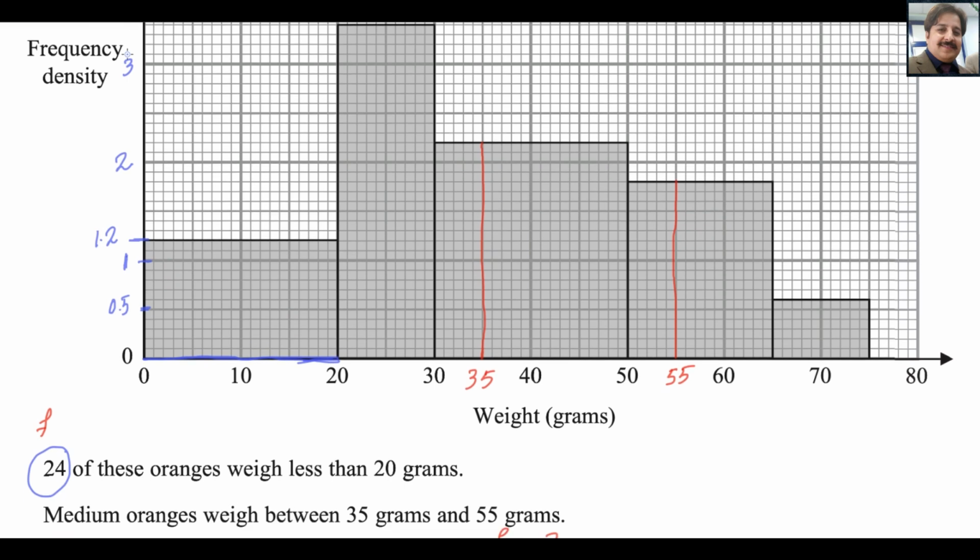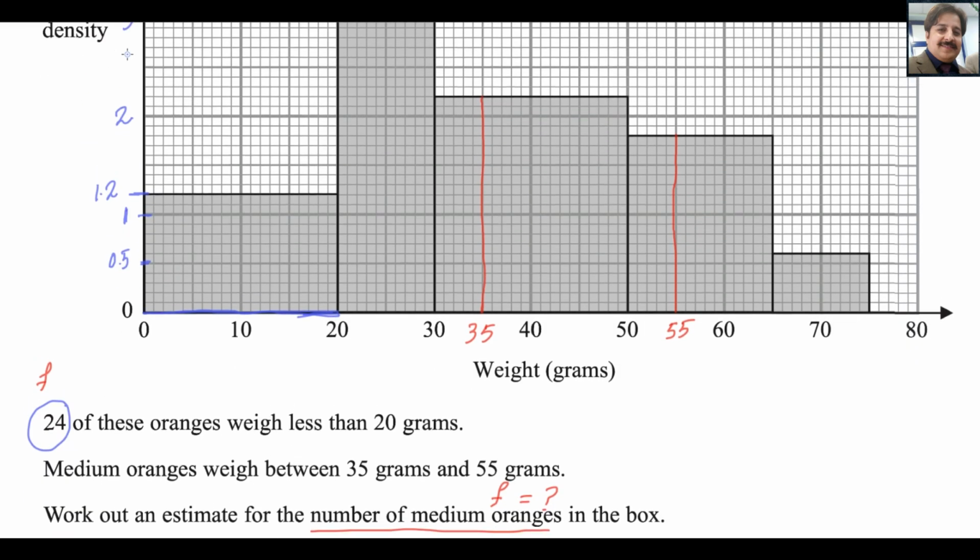Okay, because we want to find the frequency, the number of medium oranges from 35 to 55, there are two different intervals here. You can see. If you want to find the frequency here, this one, because for this interval, this point, okay, it will be 2.2, because up to this it is 2, so it is 2.2.